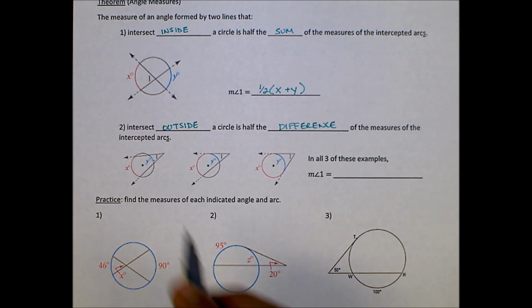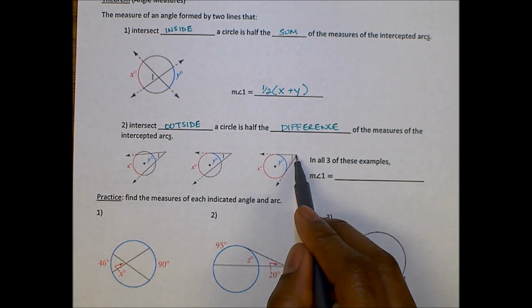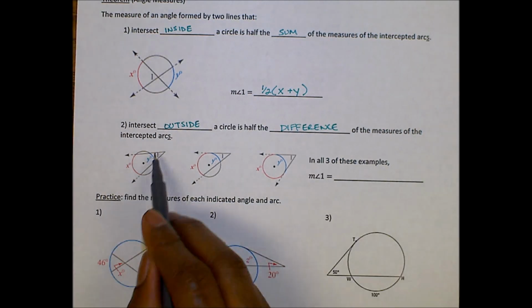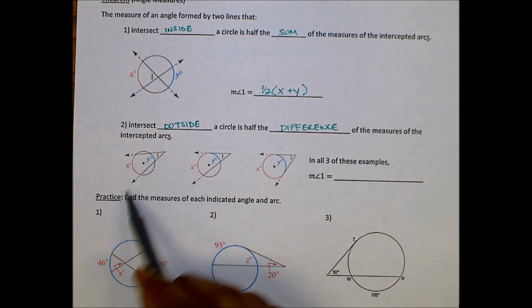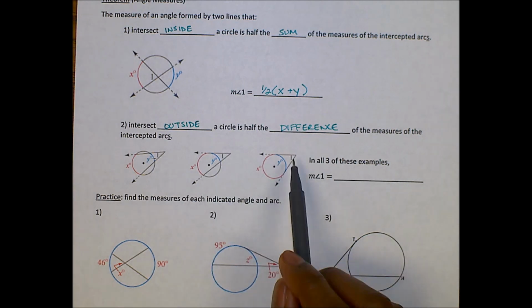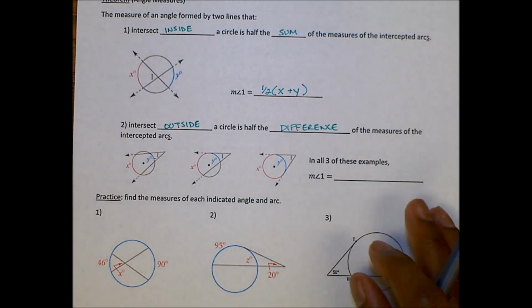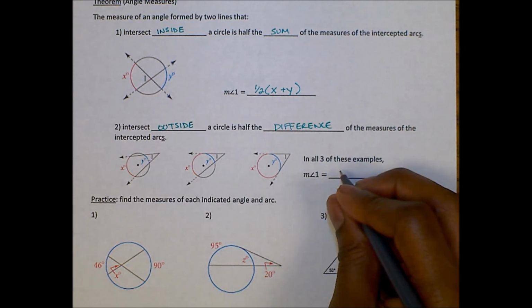So whether we're talking about angle 1 here, angle 1 here, or angle 1 here, notice that this angle is created outside the circle by lines that go through the circle. In this case we have two chords, a chord and a tangent line, or two tangent lines. But the way that we find it doesn't change. It will be 1/2 the difference.